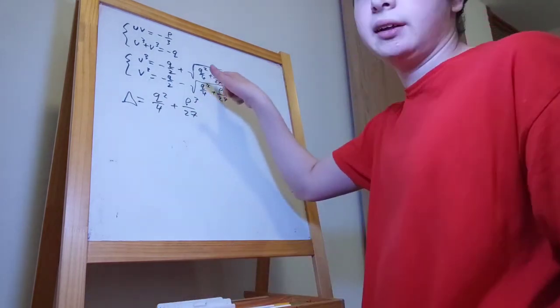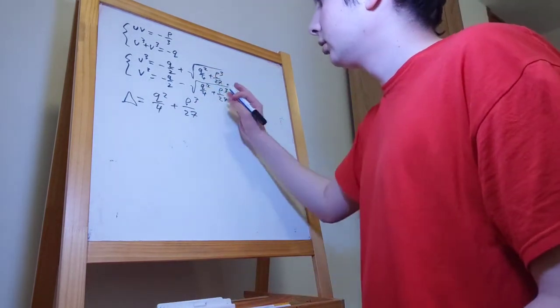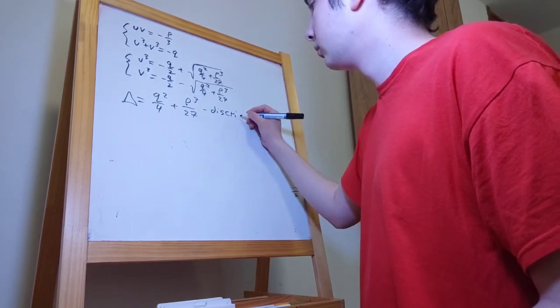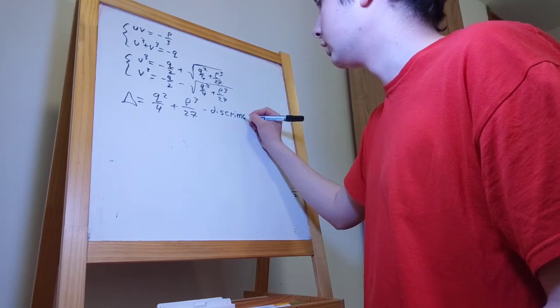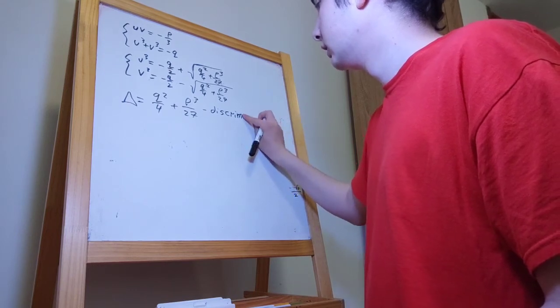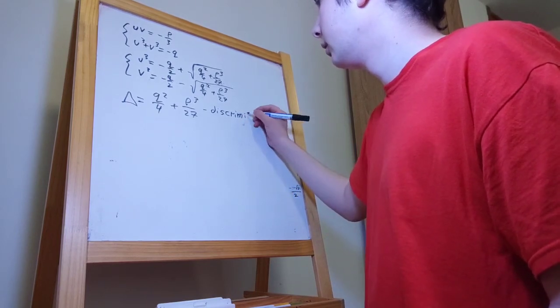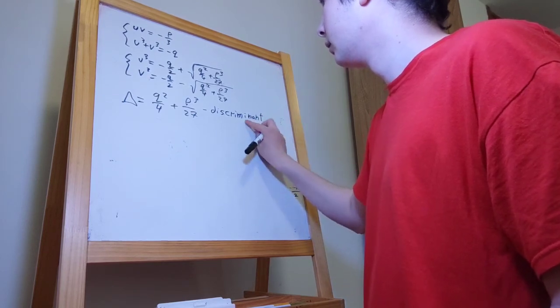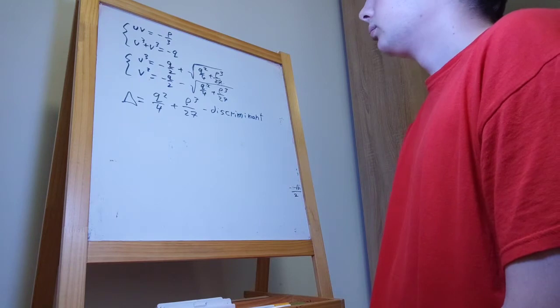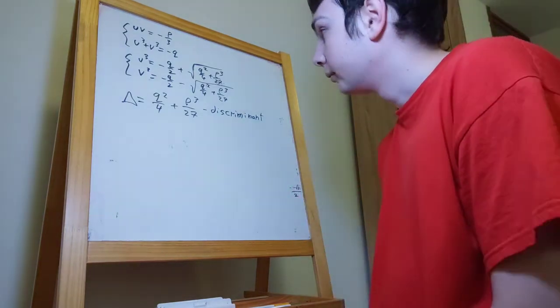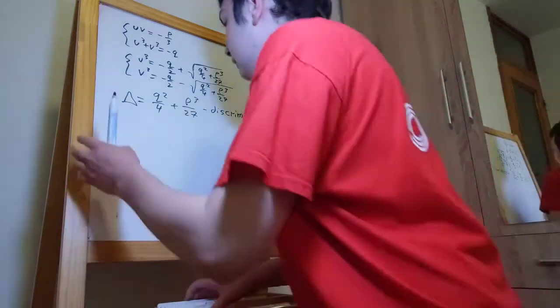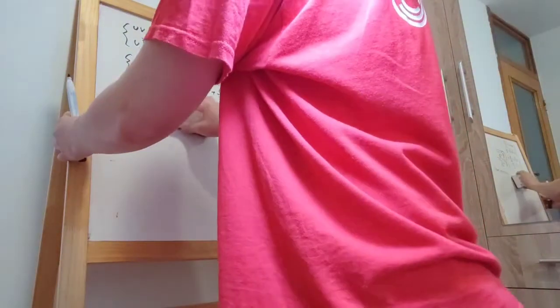This expression, q squared over 4 plus p cubed over 27, which we see right here and right here, is called the discriminant of the third degree equation. You'll see why later in this proof.